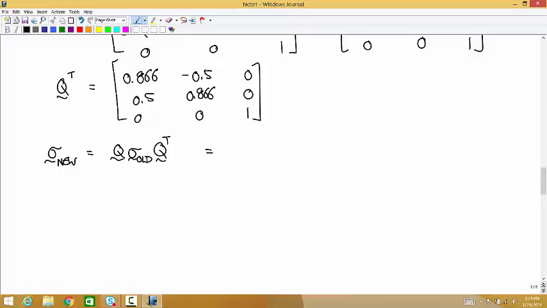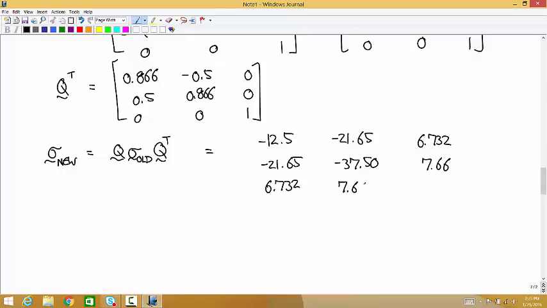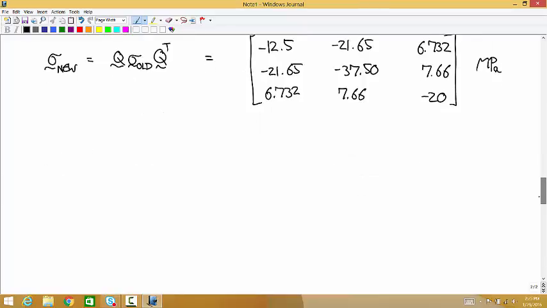And if you punch that in, you get negative 12.5, negative 21.65, 6.732, negative 21.65, negative 37.5, positive 7.66, then 6.732, 7.66, negative 20.